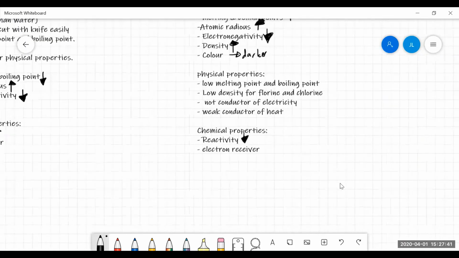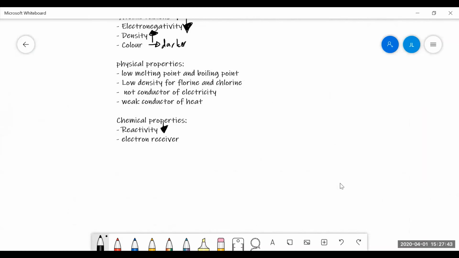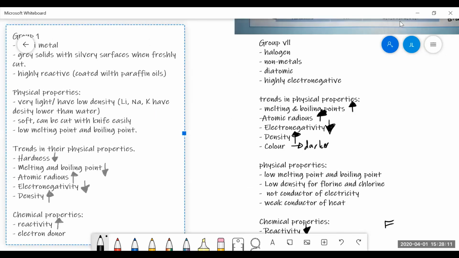Now I'm going to explain why the reactivity decreases down the period for group 7. So group 7, the reactivity is based on how well it receives electrons. Because it is an electron receiver, right? So it means most of the chemical reactions, it receives electrons. Now let's compare fluorine and also astatine.